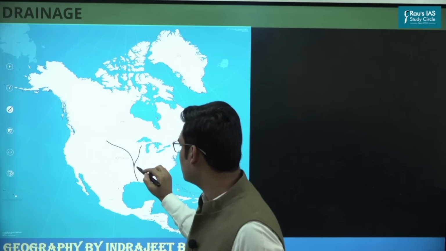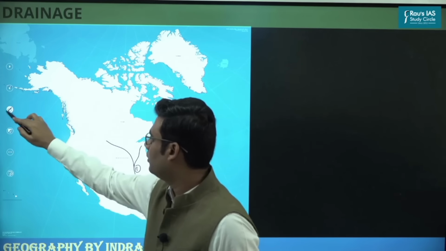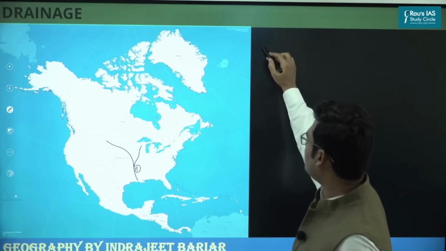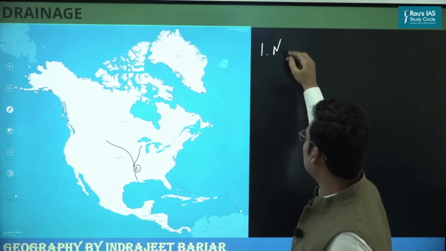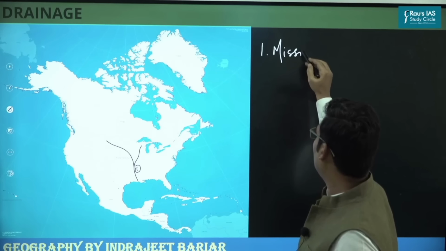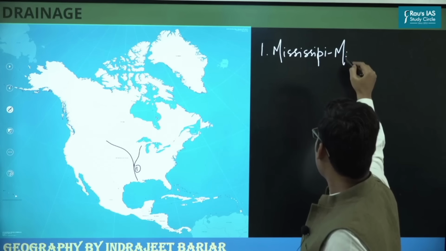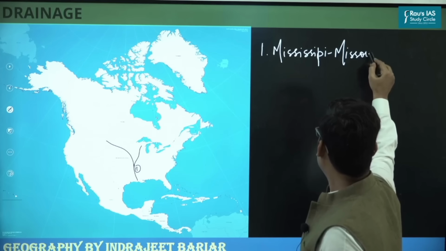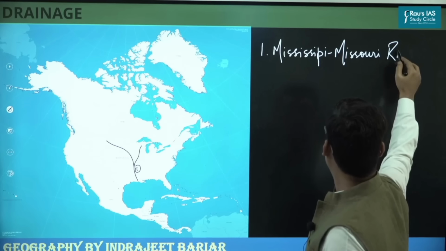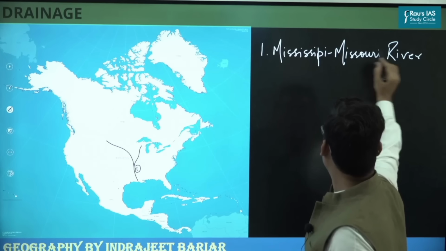The first system, this river system I am saying, is called the Mississippi-Missouri river system.